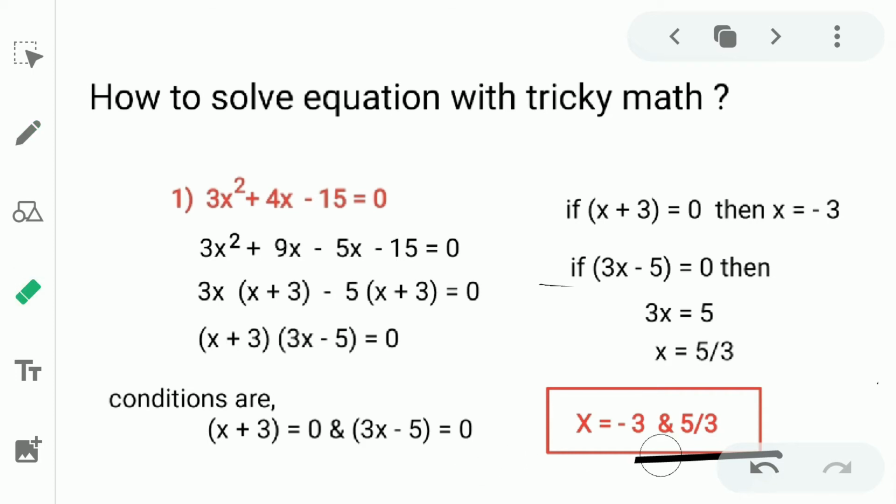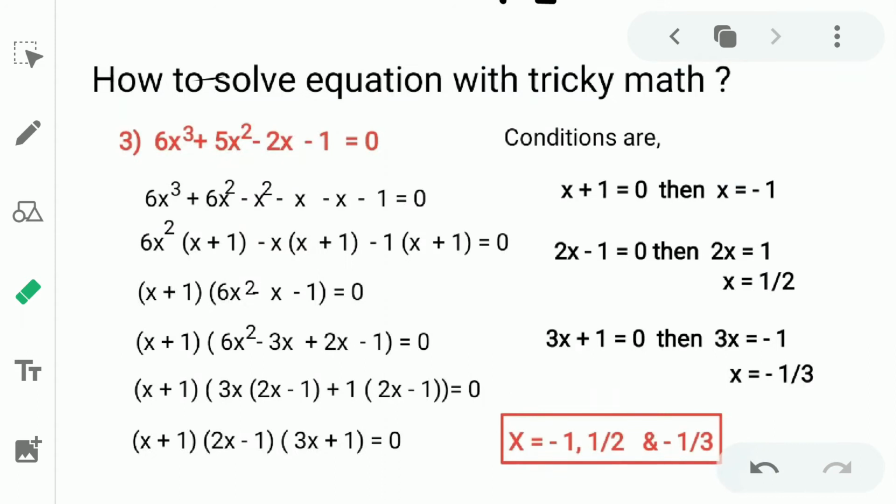So let's start the next one, power cube. If we have this type of question where the power is cube, then it is a little bit difficult, but I have a solution.